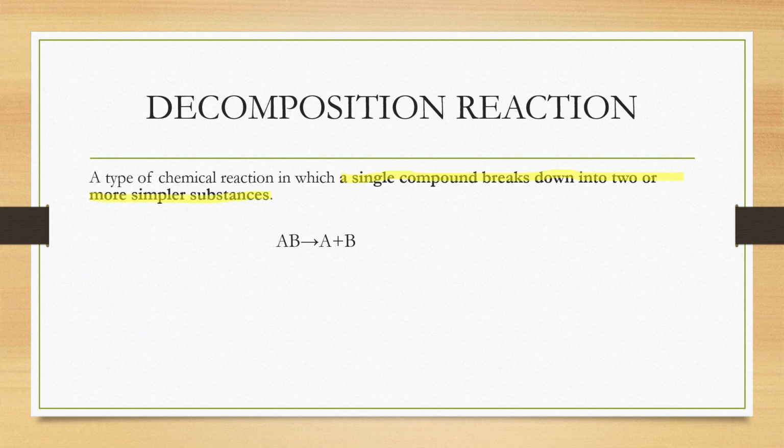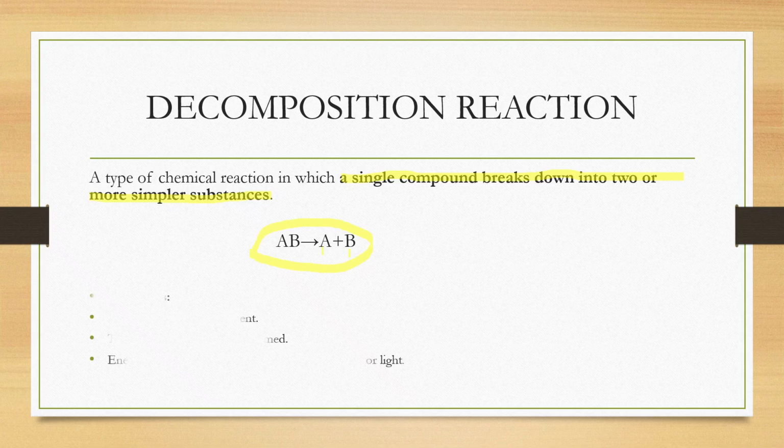It means the combination reaction has multiple reactants and a single product, whereas decomposition reaction has only a single compound breaking down into two or more simpler substances. As you can see in this example, AB is there, which is further dissociated into A and B.